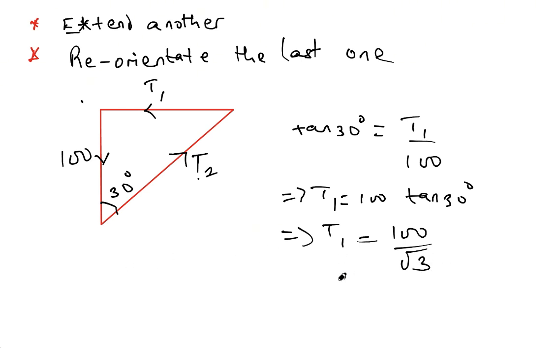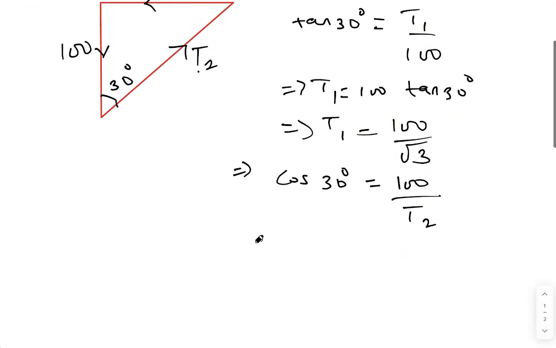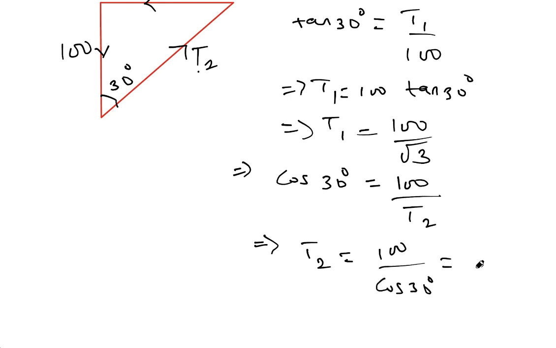And then to find T2, T2 is the hypotenuse and we have the adjacent. So cosine of 30 degrees equals the adjacent, which is 100, divided by the hypotenuse, which is T2. That implies T2 equals 100 divided by cosine of 30 degrees.